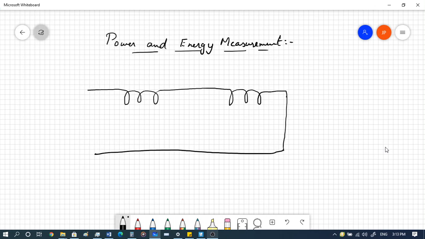Let's connect it over here, and let's say we have another coil which can be rotated. Let's say we can draw it like this. So this is the movable coil or the rotating coil.